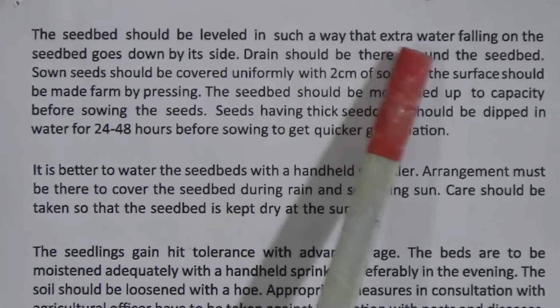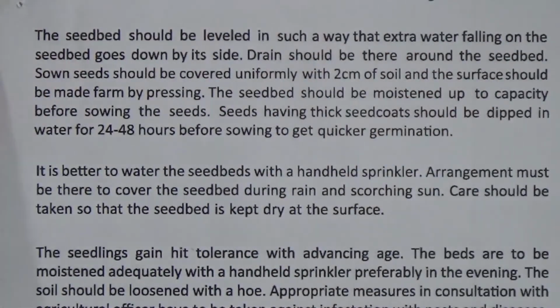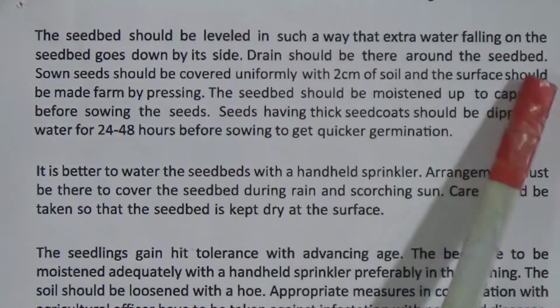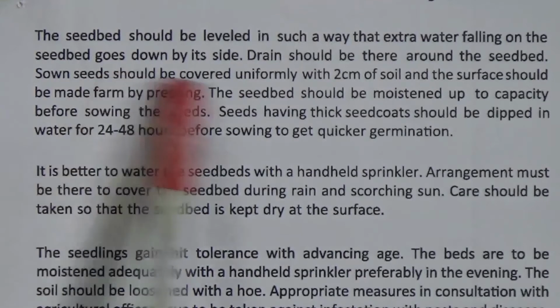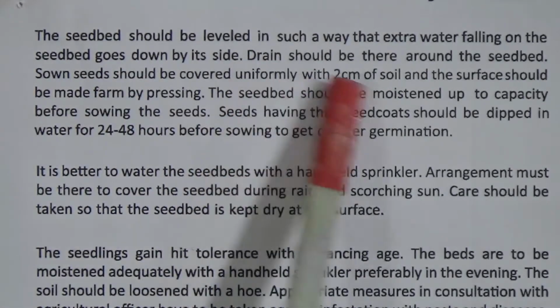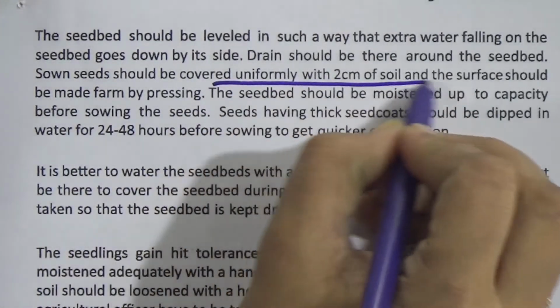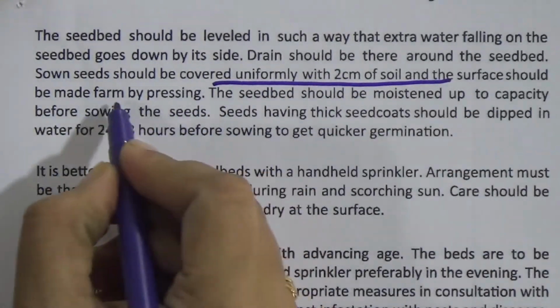The seedbed should be leveled in such a way that extra water falling on the seedbed goes down on each side. A drain should be there around the seedbed. Sown seeds should be covered uniformly with 2 cm of soil and the surface should be made firm by pressing.